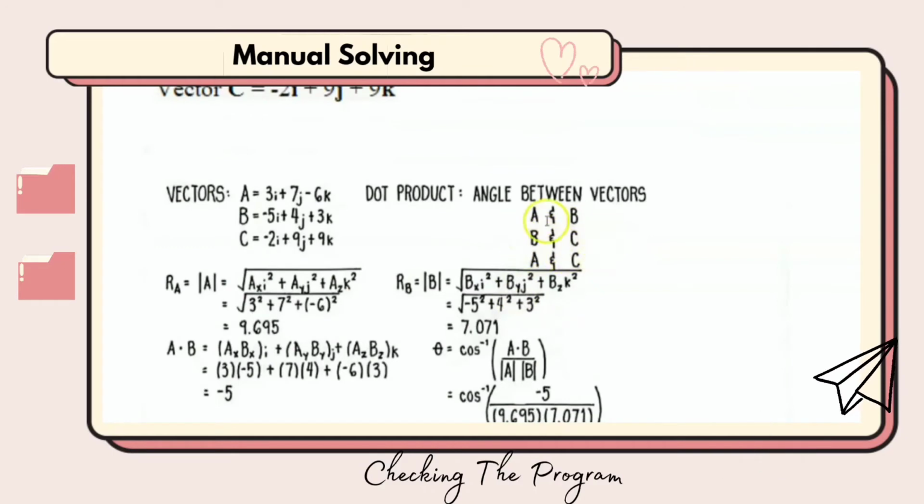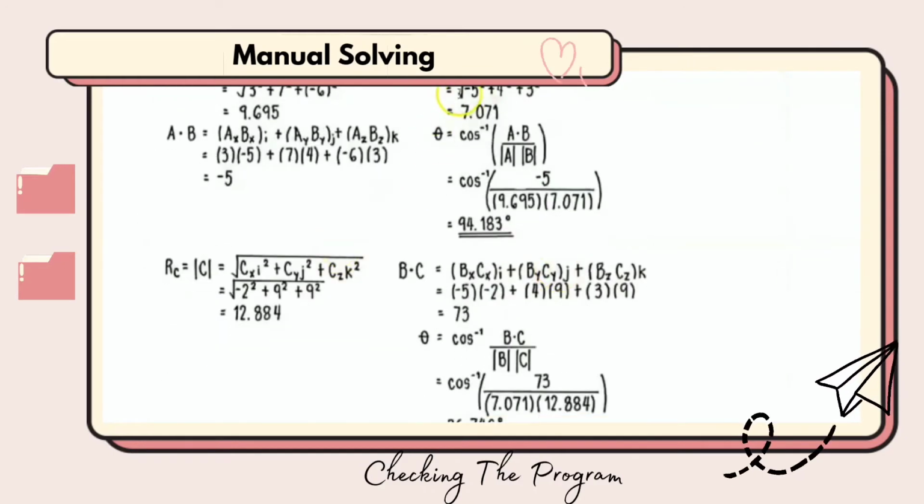In getting the angle between vectors B and C, you just have to do the same process as in getting the angle between vector A and vector B. Since we already solved for the magnitude of vector B, we are now only getting the magnitude of vector C. Same process, and you get 12.884.